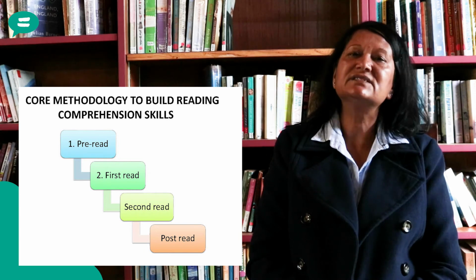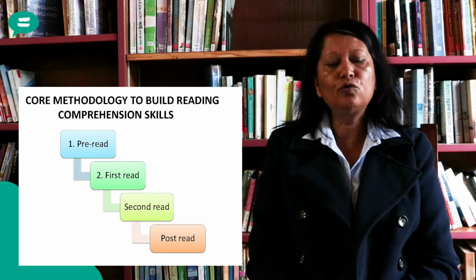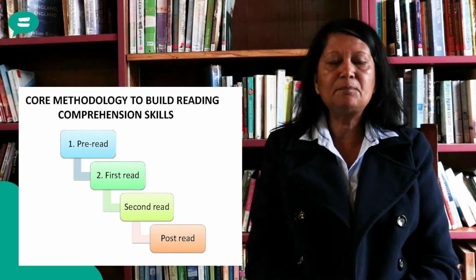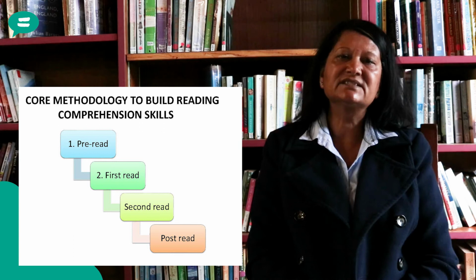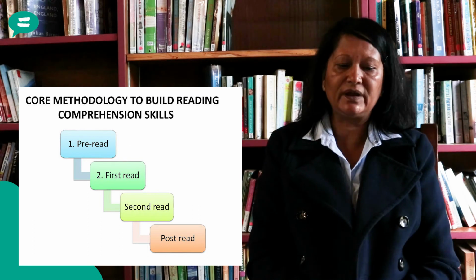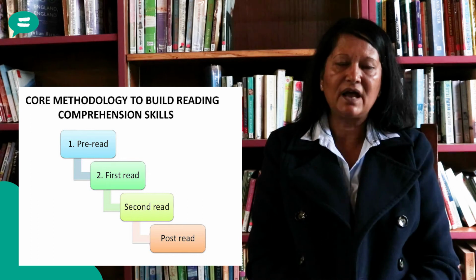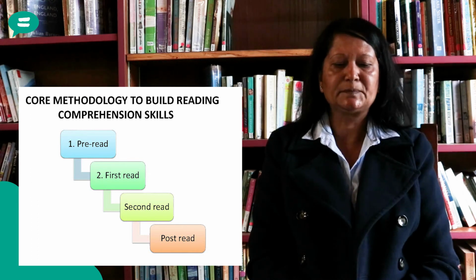The next phase is called the first read. In the first read, teachers role model reading and explain the text to learners. Sometimes they use code switching to ensure that the learners are really following. Then, teachers read and model a comprehension strategy.